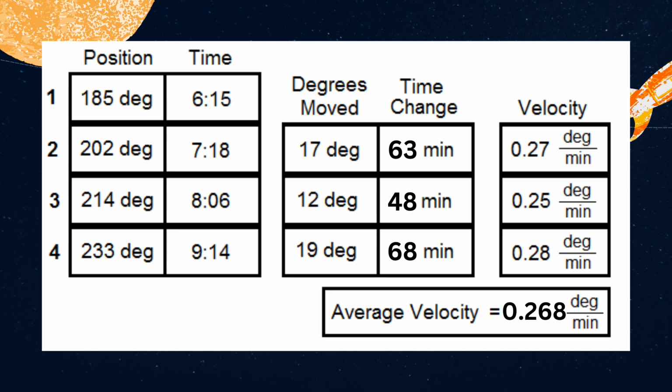And you are going to do the same process in number 3 and number 4, which results in 12 degrees and 19 degrees. And to get the time change, we are going to use the same method that we used in getting the degrees moved. Compute how many minutes are between 7:18 and 6:15, which results in 63 minutes.